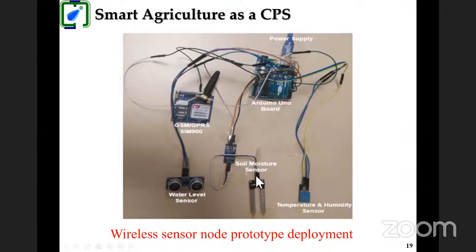From these sensors, the data is passed to the Arduino board, which will take a decision based upon the instructions coming from the cyber physical system. It will switch on the power supply, and then we have the water level sensors and the GPS SIM, which will take care of the other corrective actions in this case.